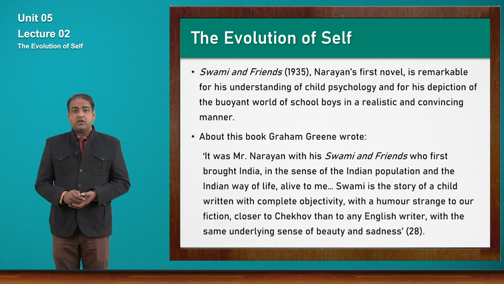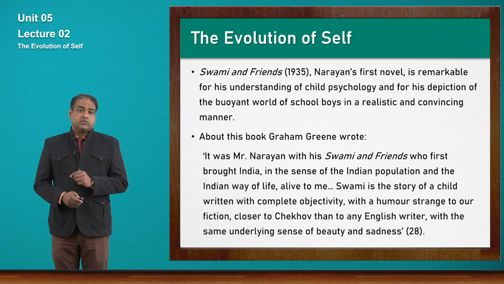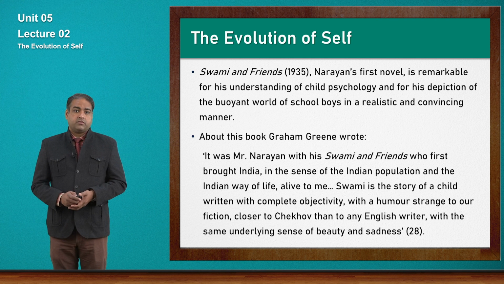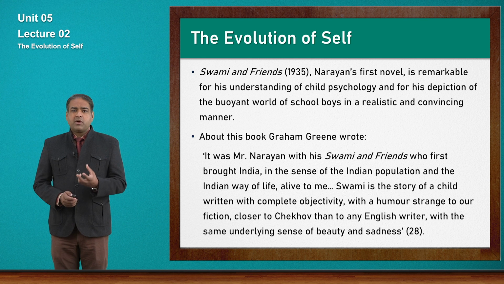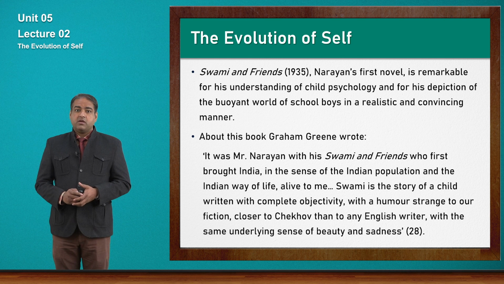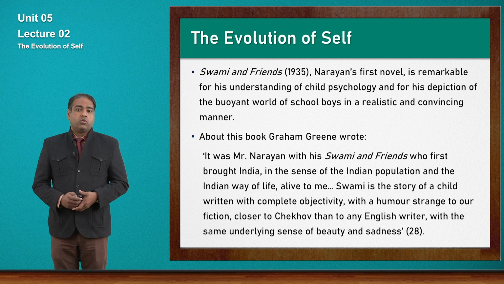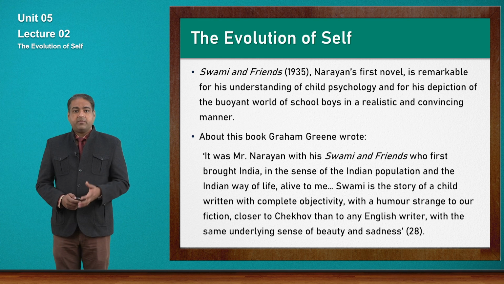Friends, you may feel that this is easy, but when you start writing, that is the toughest part. Writing a novel, thinking about something is easy. Dreaming about something is easy. But writing about what you have dreamed, what you have felt, is very, very difficult. And R.K. Narayan was able to achieve that goal in his first novel, Swami and Friends, which is a very commendable task.